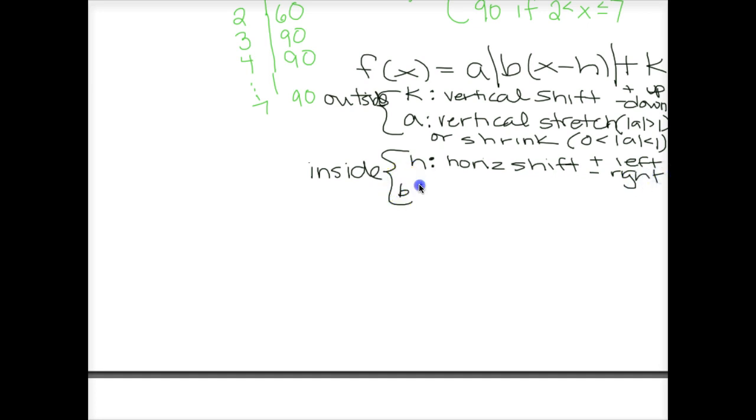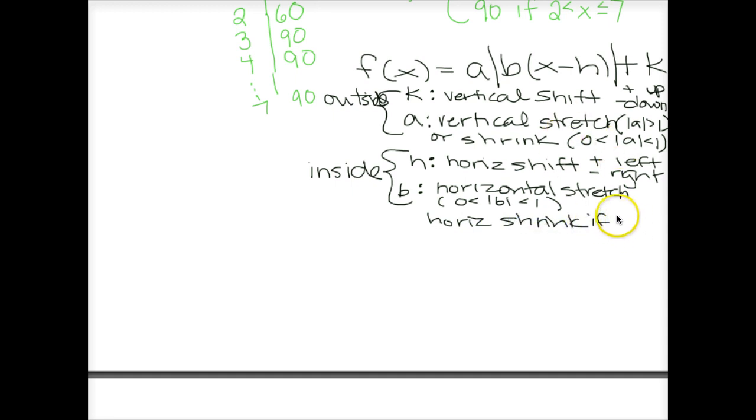Your B value controls horizontal stretch and shrink. It's a stretch if B is between 0 and 1. It's a horizontal shrink if the absolute value of B is bigger than 1.